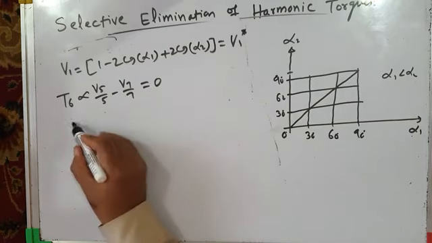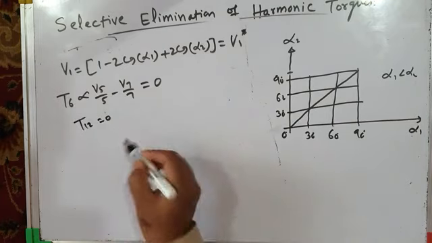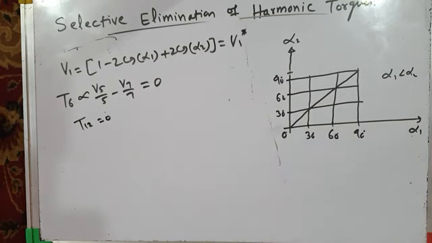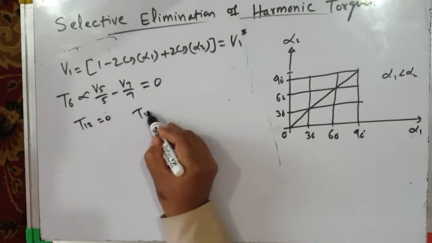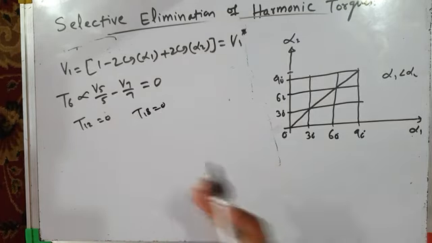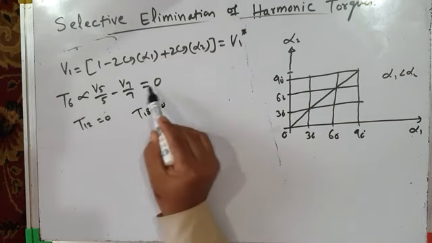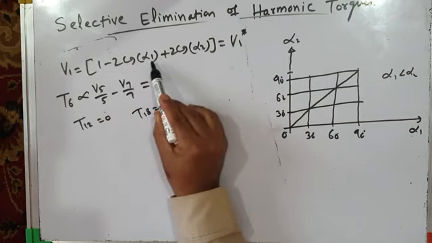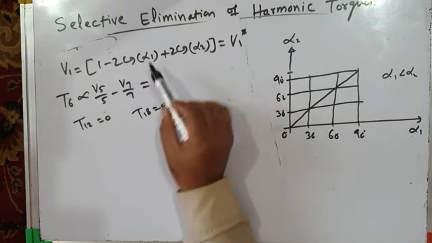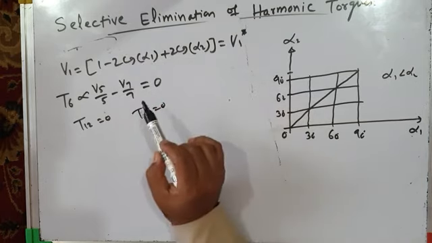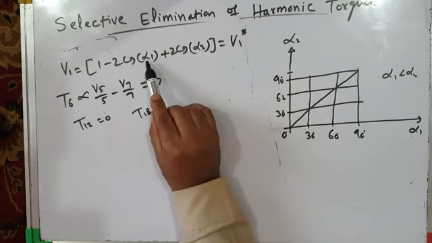Now, if you want T12 also to be equal to 0, you will have another equation. If you want T18 also equal to 0, you will have more switching angles. If you want to make T6 equal to 0, then you will have only two switching angles, alpha 1 and alpha 2. For example, you have two equations and two unknowns. These are two equations and unknowns are two switching angles.